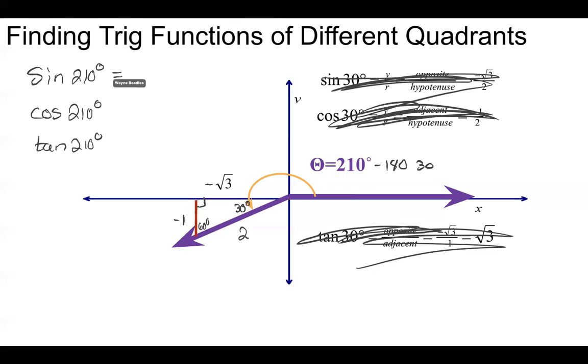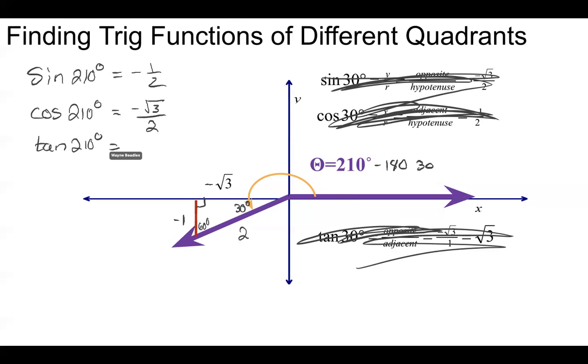So sine is opposite over hypotenuse, so -1 over 2. And cosine of 210 is negative square root of 3 over 2.